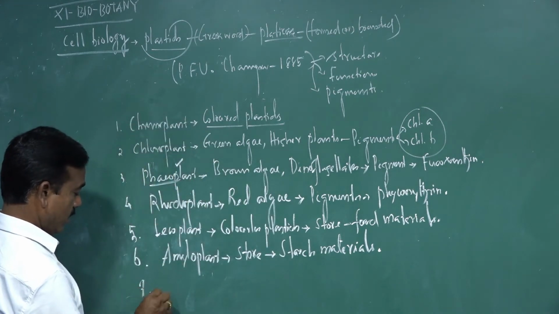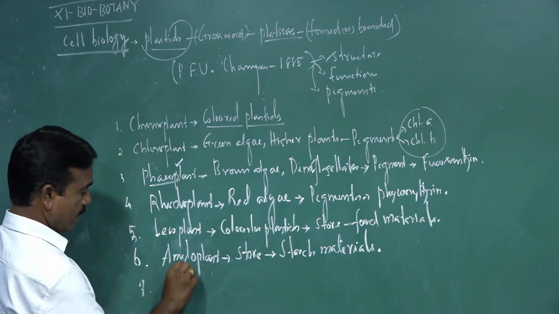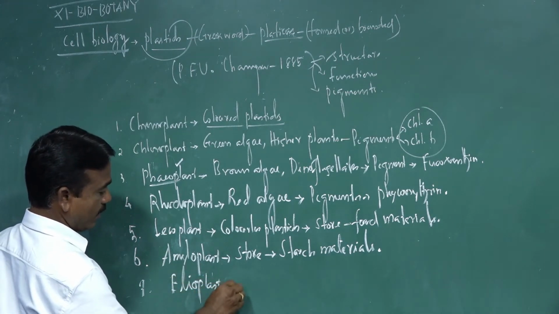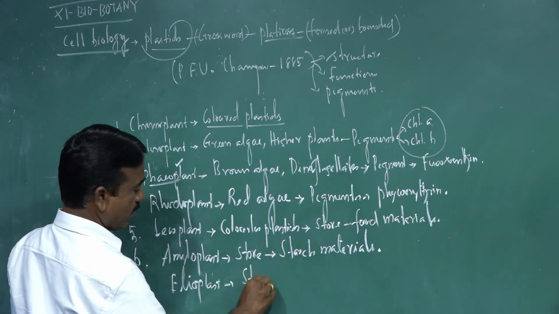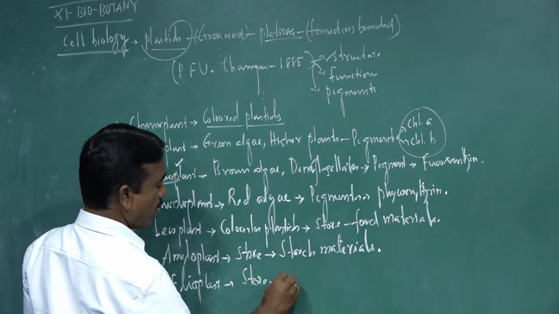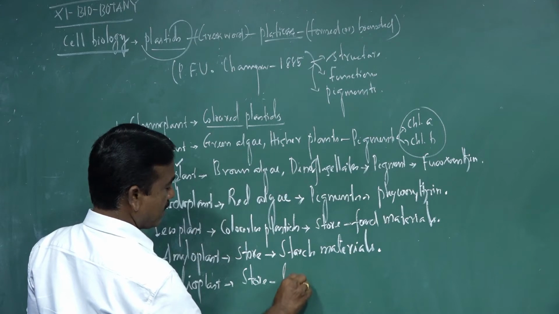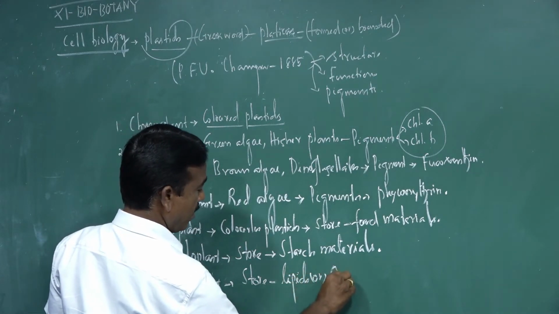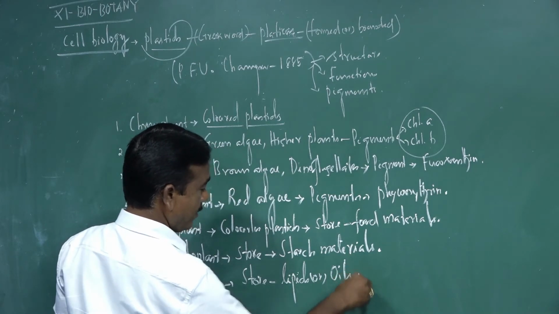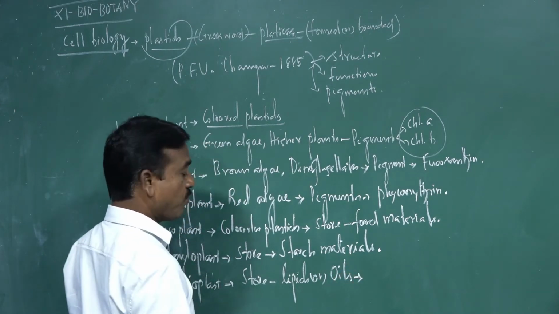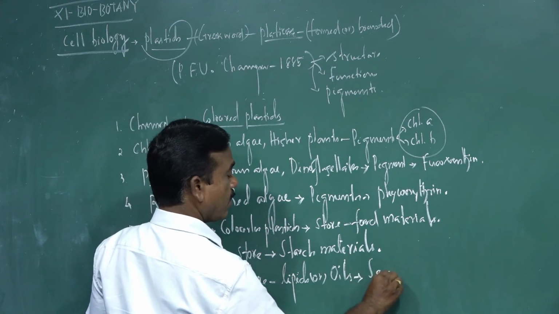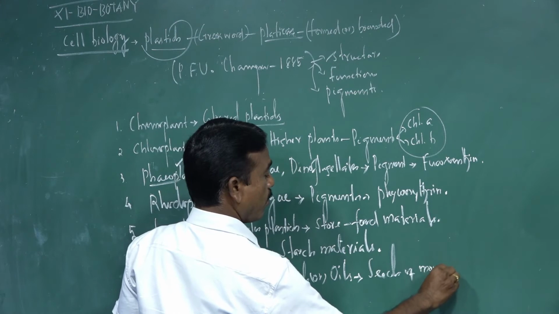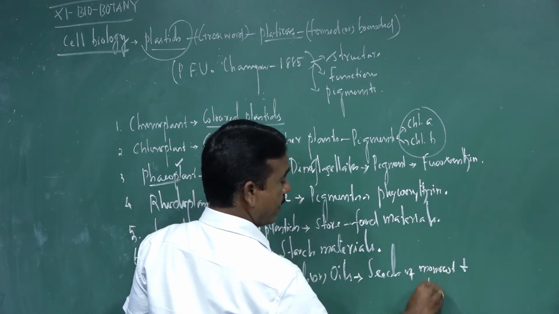Then the seventh one, elaioplast, which is responsible for storing lipids or oil. The lipids or oil are generally found in the seeds of monocot and dicot seeds.